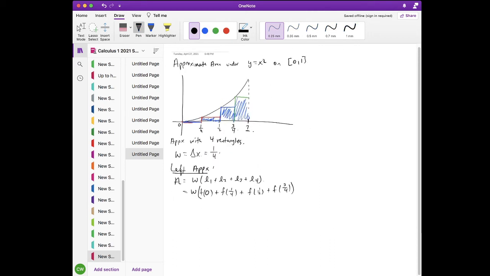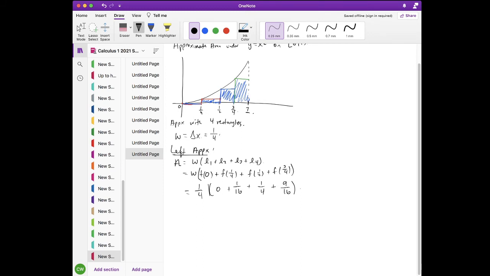Okay, so let's calculate that. Okay, 1/4, 0 plus 1/16 plus 1/4 plus 9/16. Okay, so I'm going to do a little trick. Let's put everything over 16. 4/16 plus 9/16.